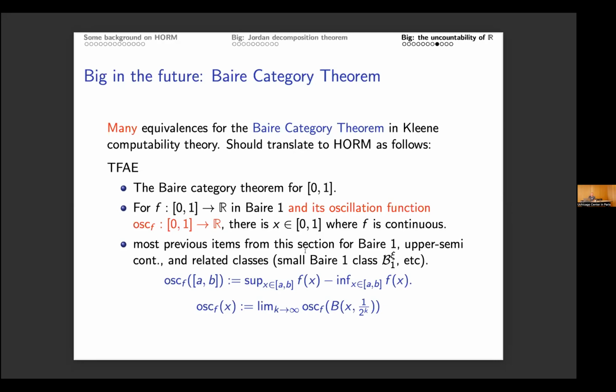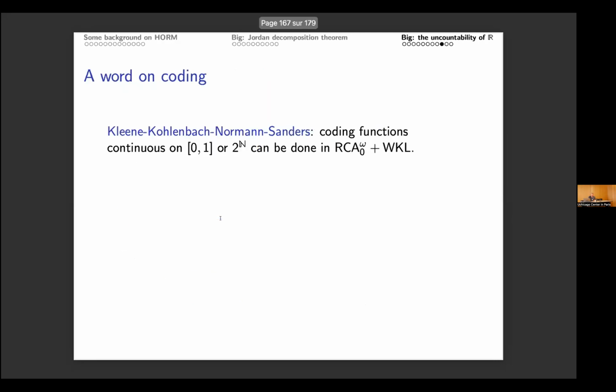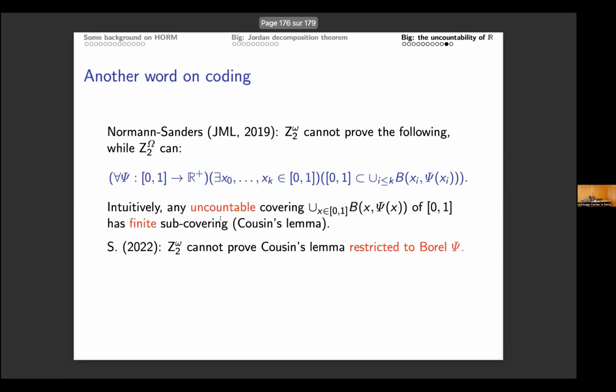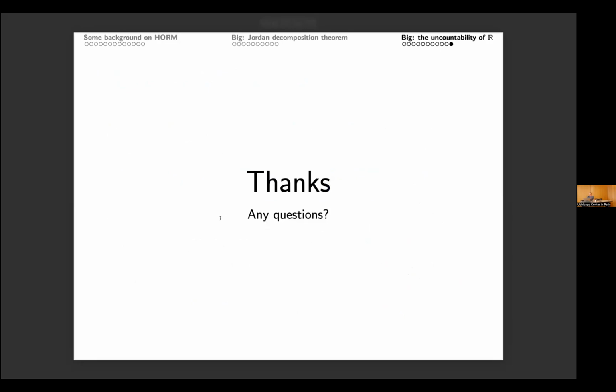I think it should go through for higher order reverse math. Baire one isn't such a nice construct, it's difficult to get a hold on, but that's why we have this oscillation function. It's a constructive enrichment we need, that goes back to Hankel 1870, whatever. So, I'll just skip what I was going to say on coding because nothing good can come of that. Thank you very much.